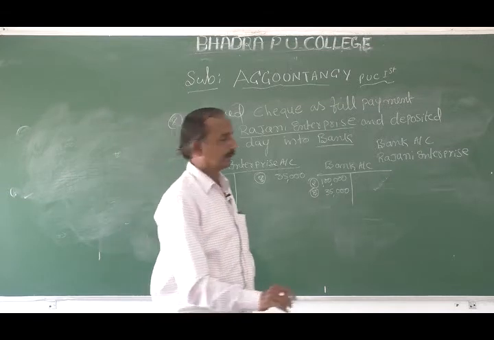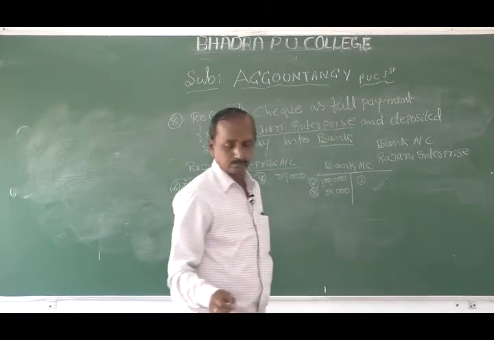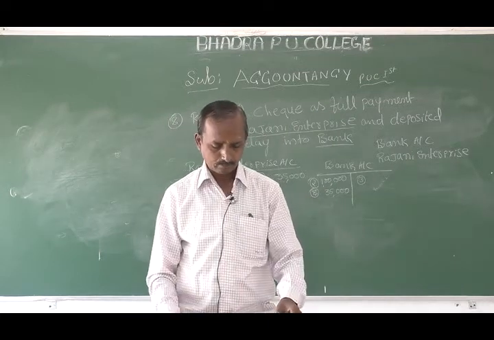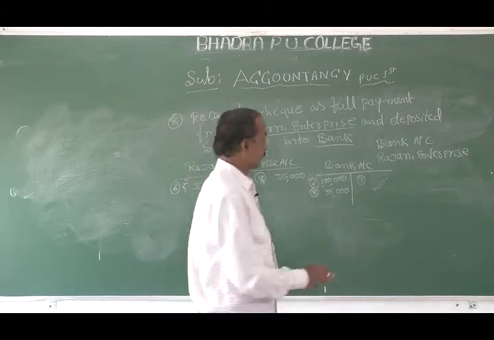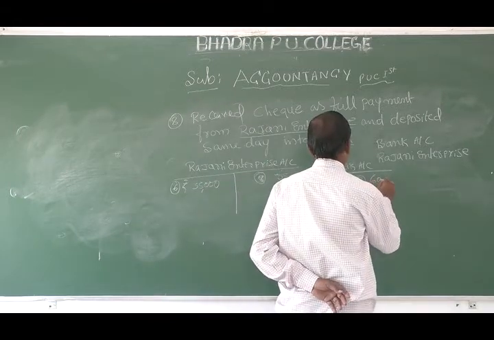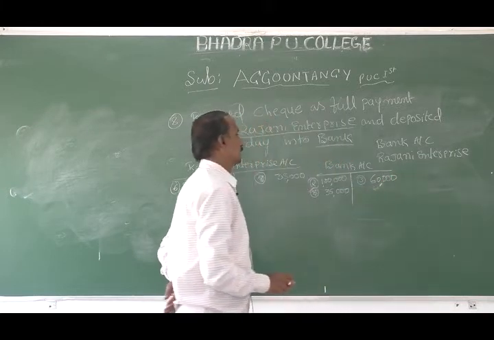Next, third one, 60,000. Third entry, amount of bank account will be 60,000.